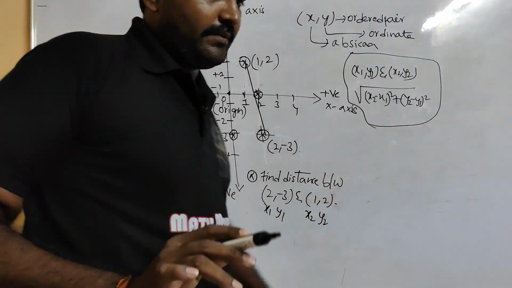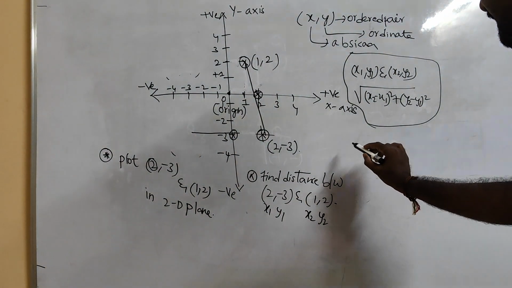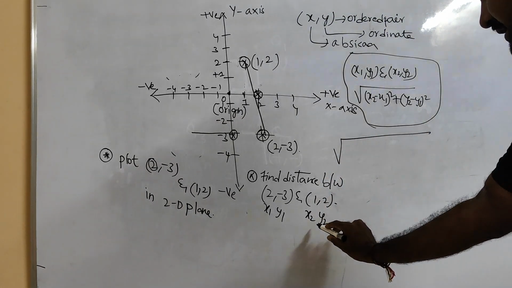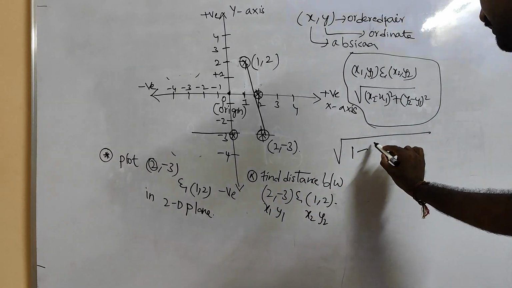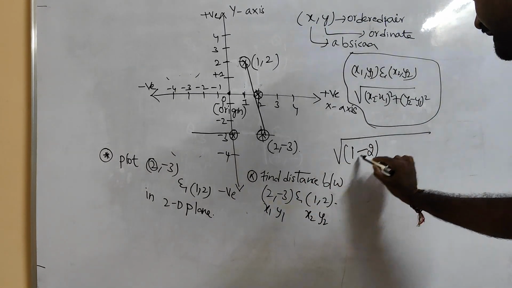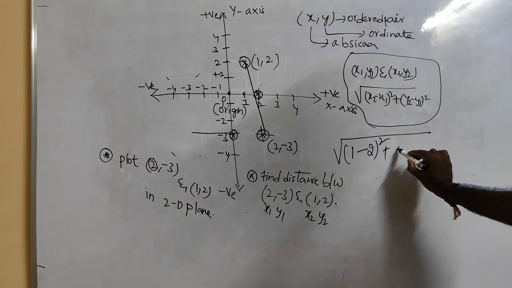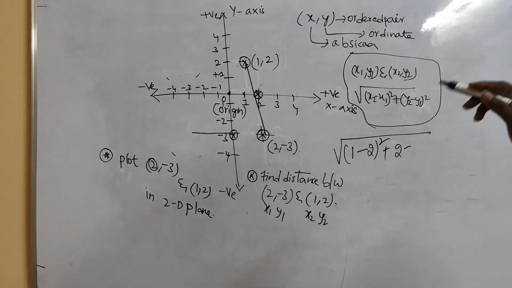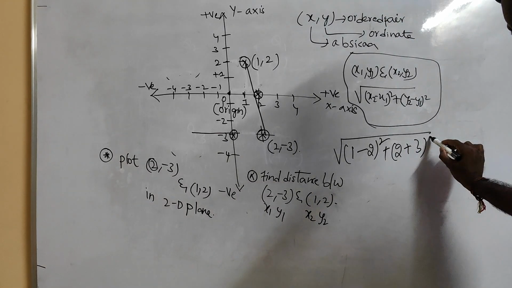After getting these, tell me what you will get. How to use the formula. I am using the formula, square root of (x2, what is my x2? 1) minus (what is my x1? 2) whole square plus (what is my y2? 2) minus (minus 3 is there, so minus into minus will be plus) so plus 3 whole square.